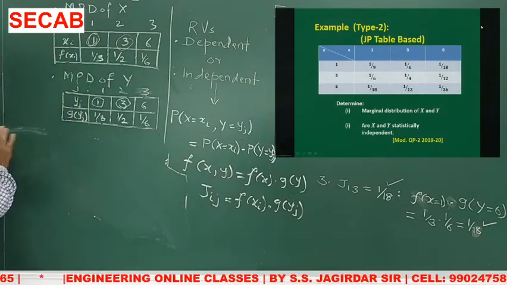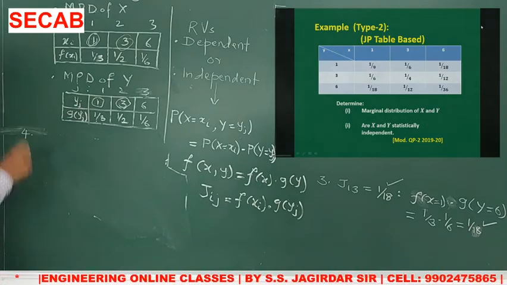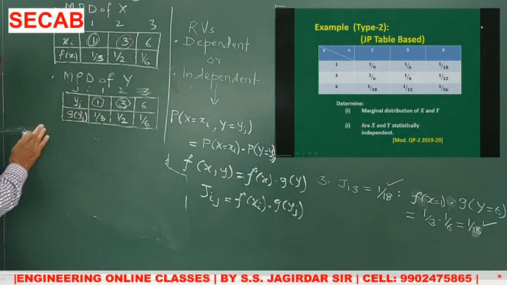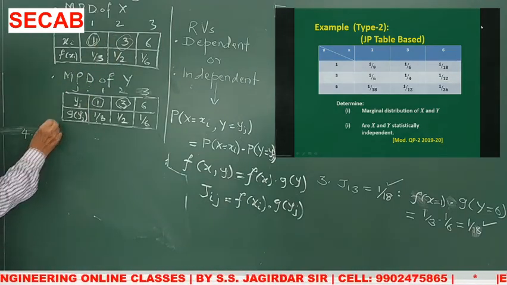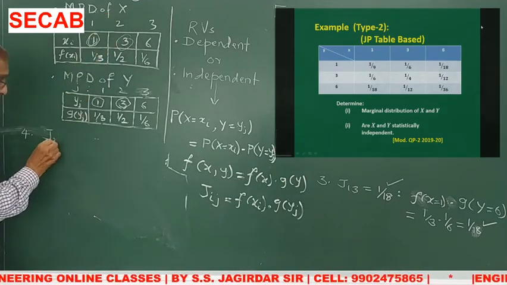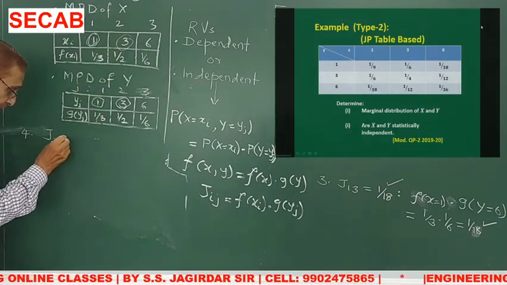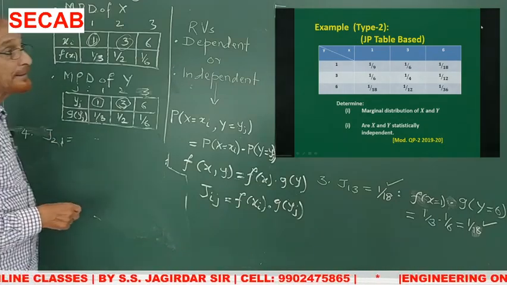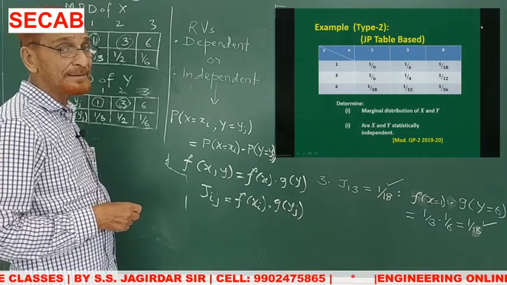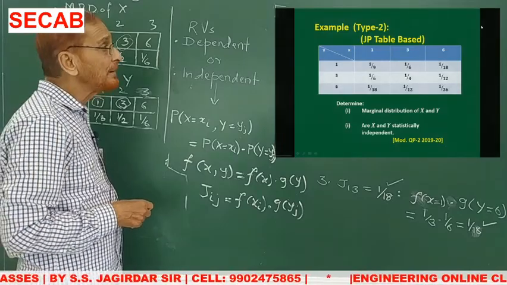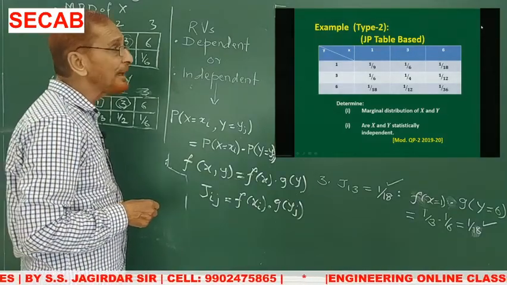So next I will go for the fourth one. The fourth calculation that I am taking is with 3. So that means you are taking J, ranking 2 with 1. I am checking 2, 1. In the table, 2 is 3 and 1 is 1. So against 2 and 1, what is the value? 1 upon 6.